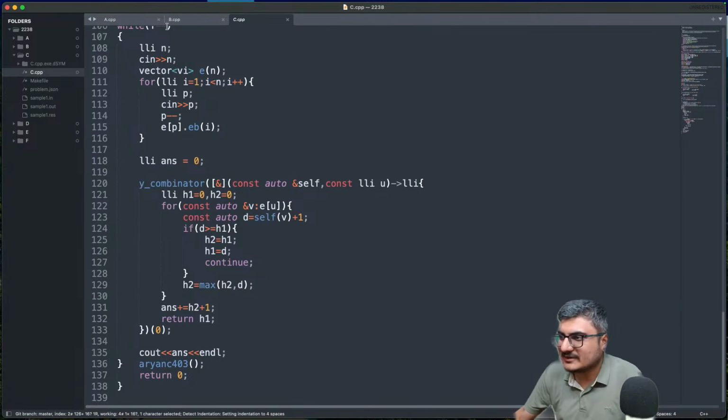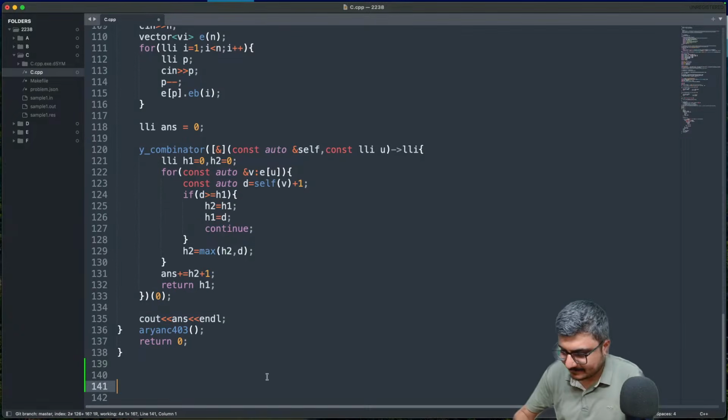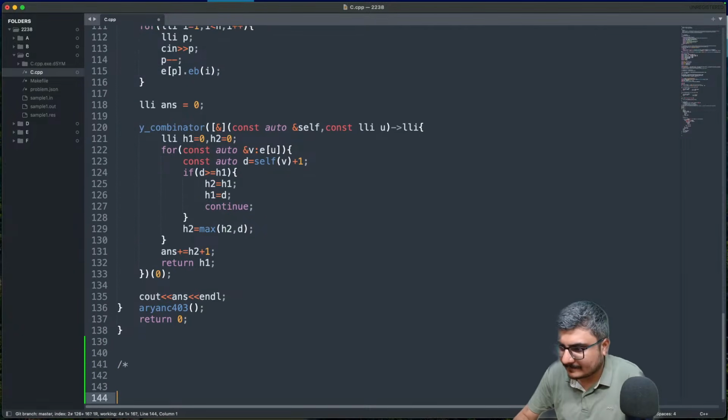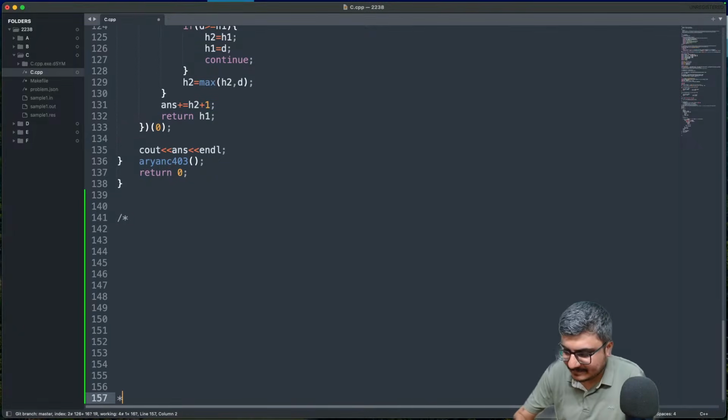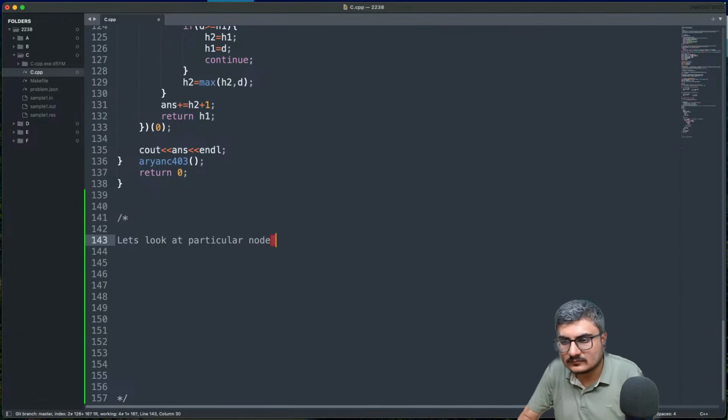Unfortunately, I don't have a whiteboard, so the way I'm choosing is this. Let's look at a particular node u and height h.